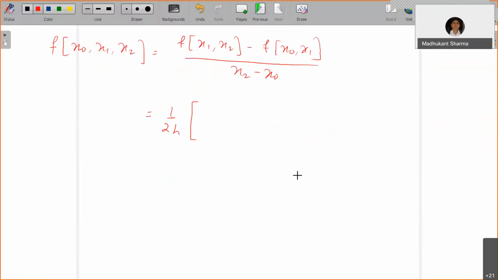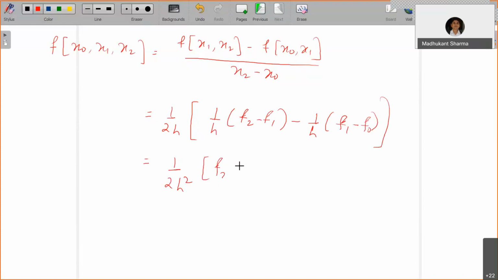So f of x1 comma x2 minus f of x0 comma x1 is 1 by h times f2 minus f1 minus 1 by h times f1 minus f0. Simplifying further, this is 1 by 2h squared, with h common coming out, times f2 minus 2 f1 plus f0.